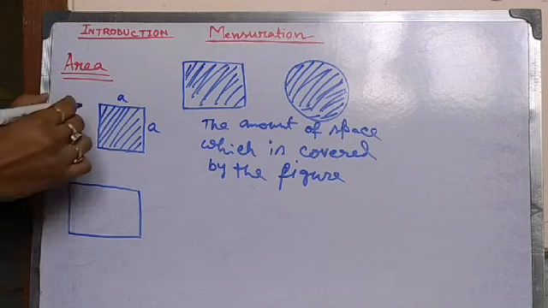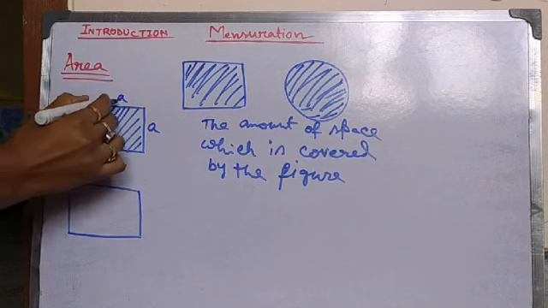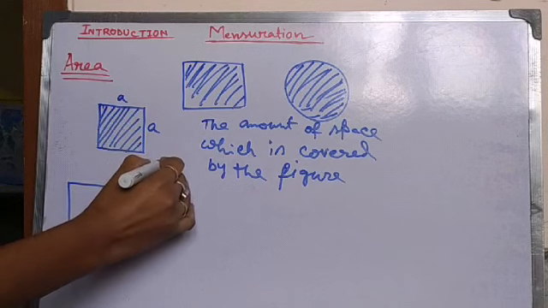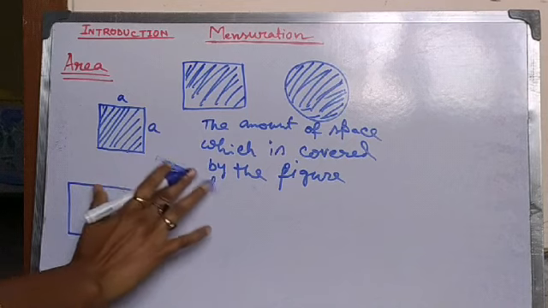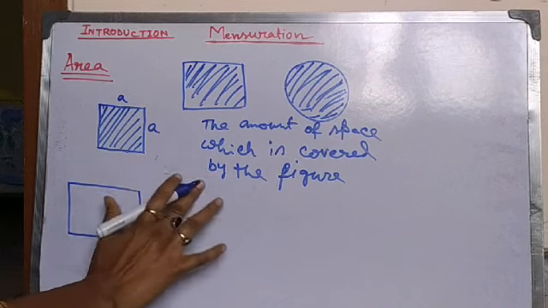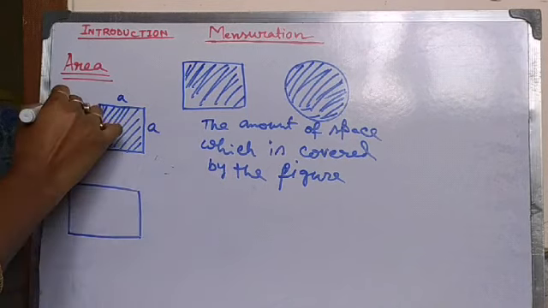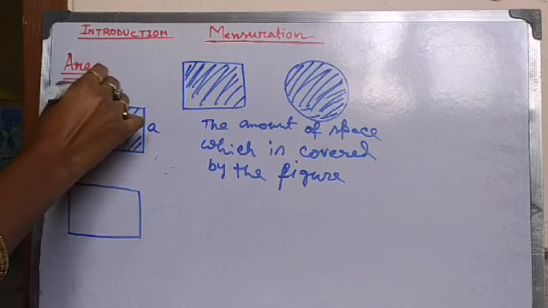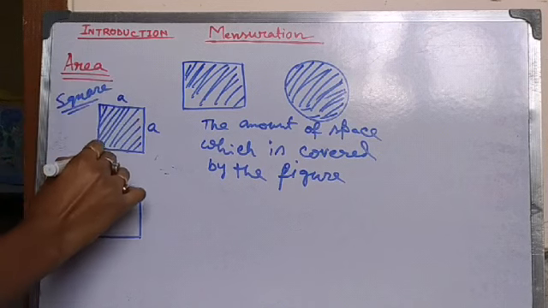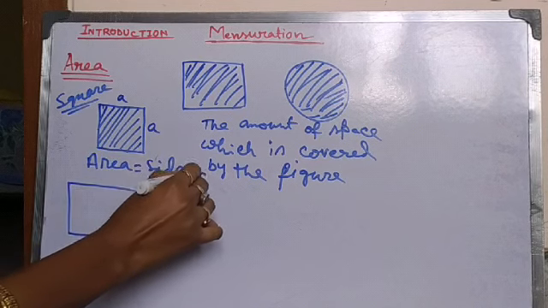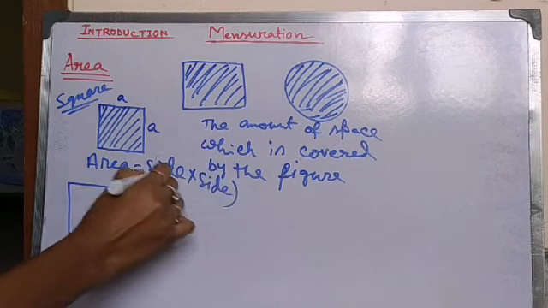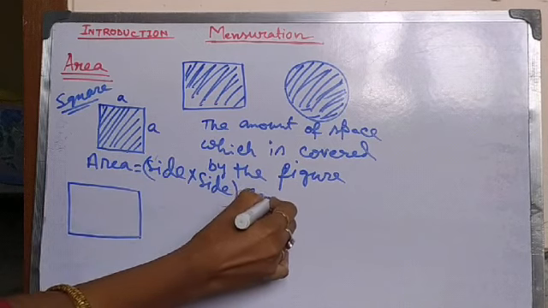So how will we get it? Side into side, that is side squared, square unit.